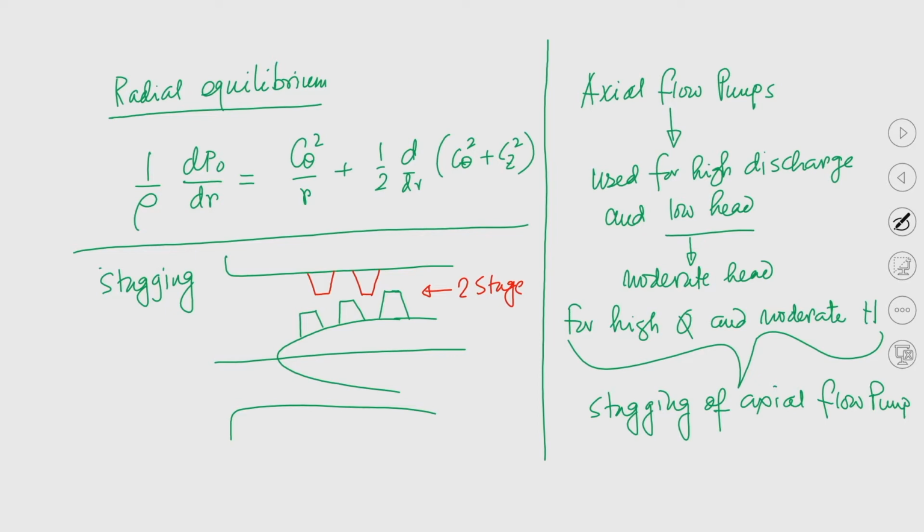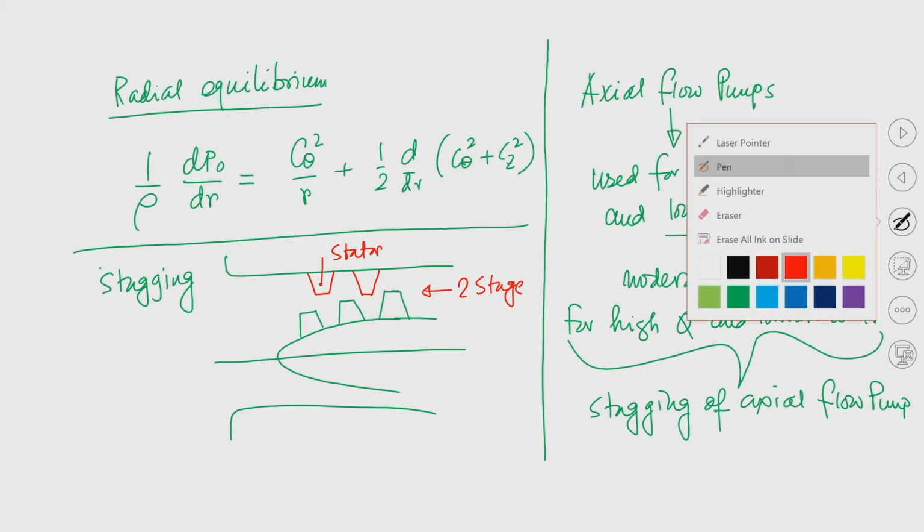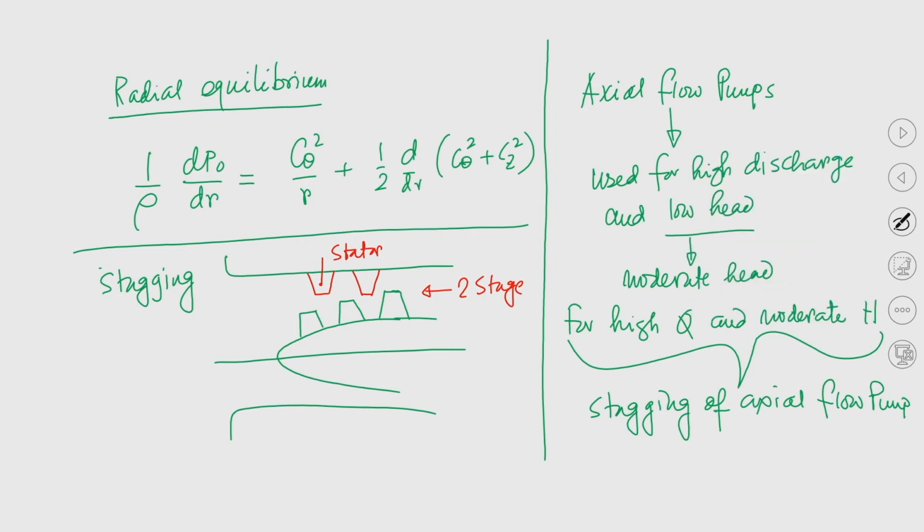This part is known as the stator, while this part is the rotor. The rotor is rotating with the shaft, and the stator is fixed with the casing.